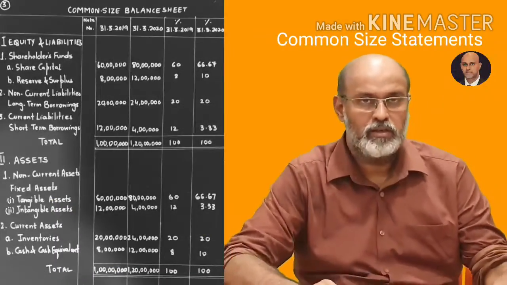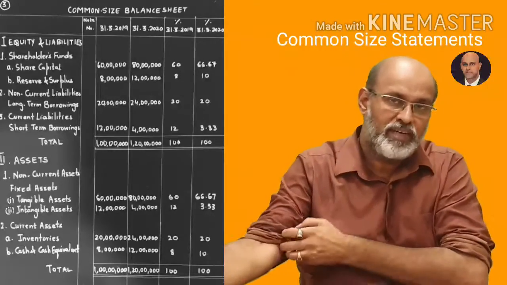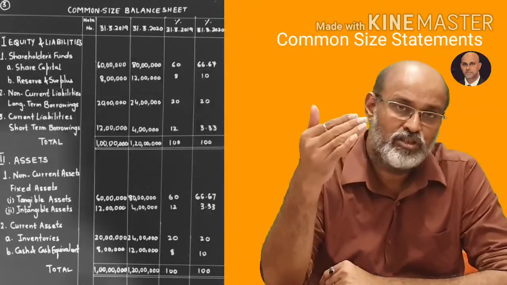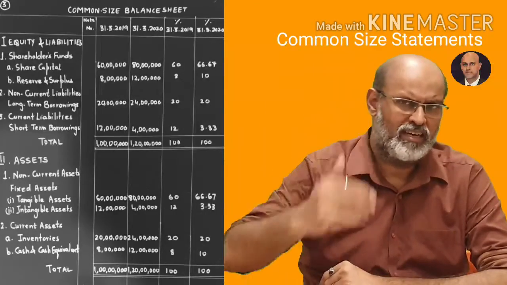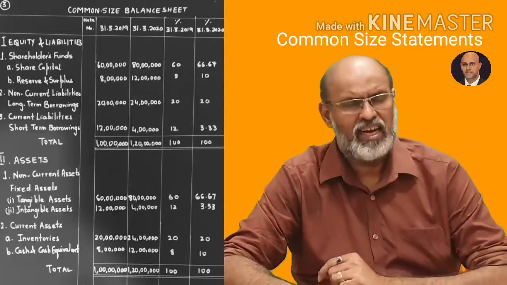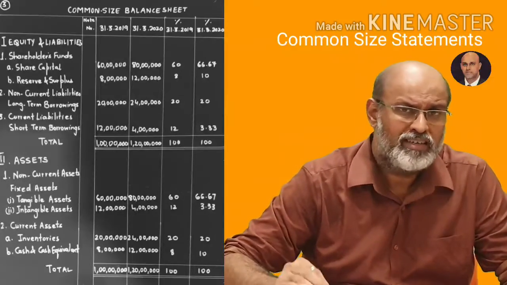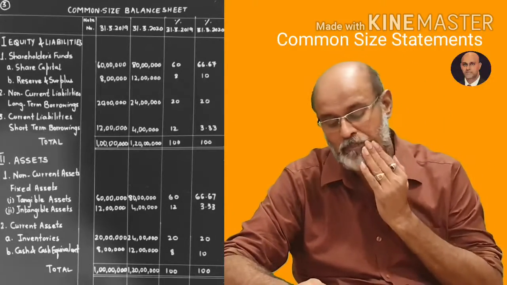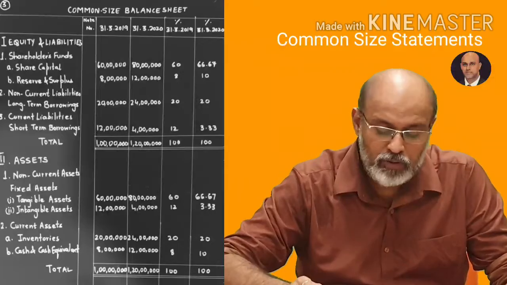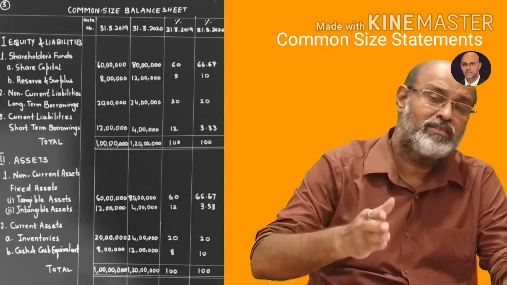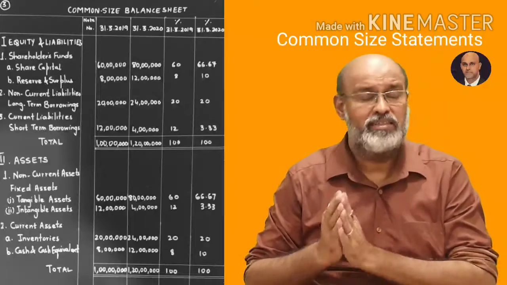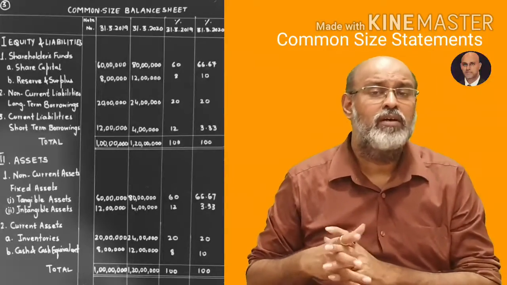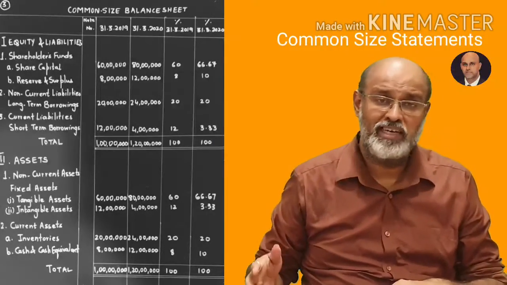First, the particulars. In the particulars, there is equity and liabilities, under which there is shareholders' funds, non-current liabilities, and current liabilities. While in the assets, there is non-current assets and current assets. Now, when we come to the amount column, they have given us the figure of 31st March 2020 first, and then the figure of 31st March 2019.